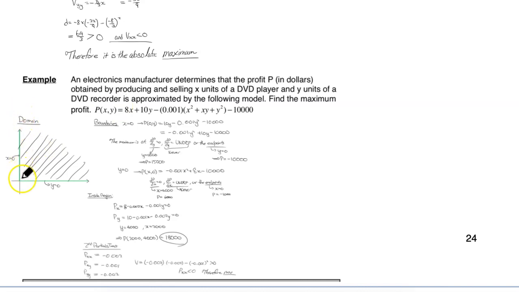So the domain is an open region. It doesn't close here, it just goes on. We could build millions and millions if that was profitable. So we noticed that the boundaries are only x equals 0 and y equals 0, and then everything else is the inside region.